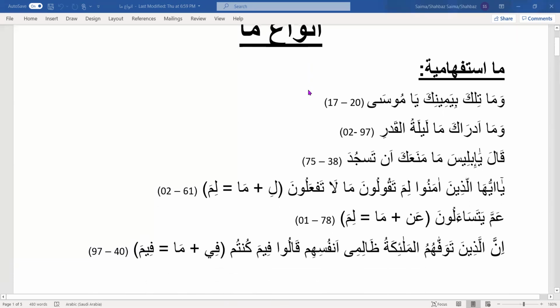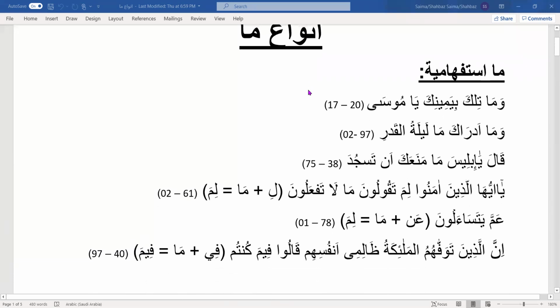And this ma is called ma istifhamiyah. Ma istifhamiyah. This ma is used for asking questions. Like, for example, I say, ma ismuka. What does that mean?